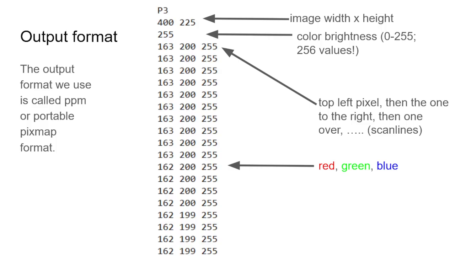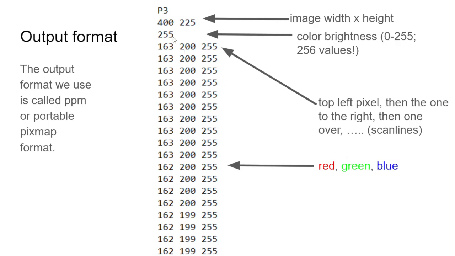And also, before we even start programming the ray tracer, we want a format for how the image is going to be displayed and written out. And the format we're using is called PPM, or Portable Pixmap format. It's basically just like a text file, as all data files are.